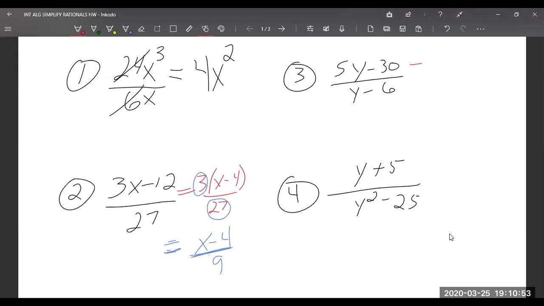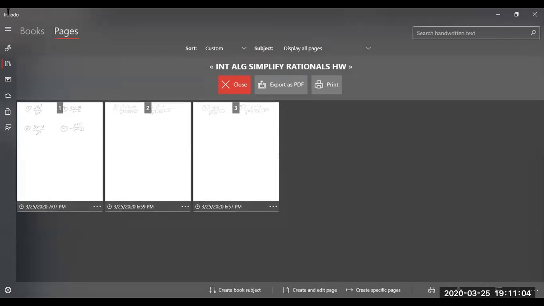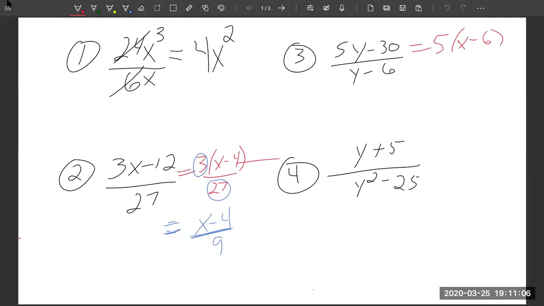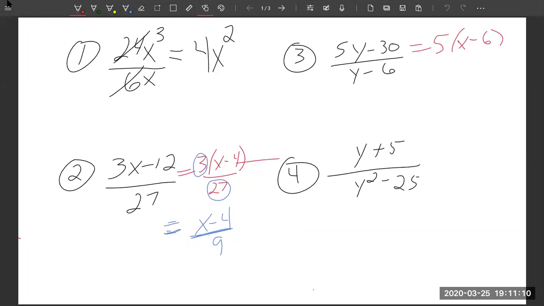We can factor the numerator. We can factor out a 5. Now, once we factor out the 5, we get y minus 6. Sorry, hold on.